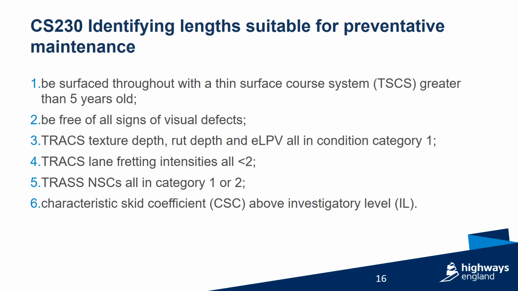The TRACS texture depth, rut depth and enhanced longitudinal profile variants are all in condition Category 1. The TRACS lane fretting intensities are all less than 2. And the TRASS network structural condition categories are all in NSC 1 or 2. And the characteristic skid coefficient is above the investigatory level.